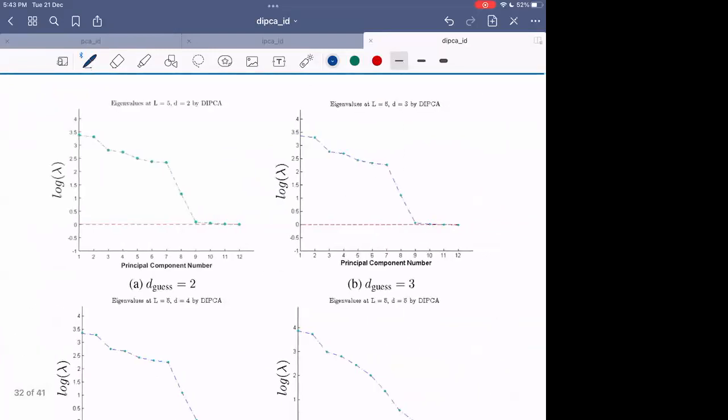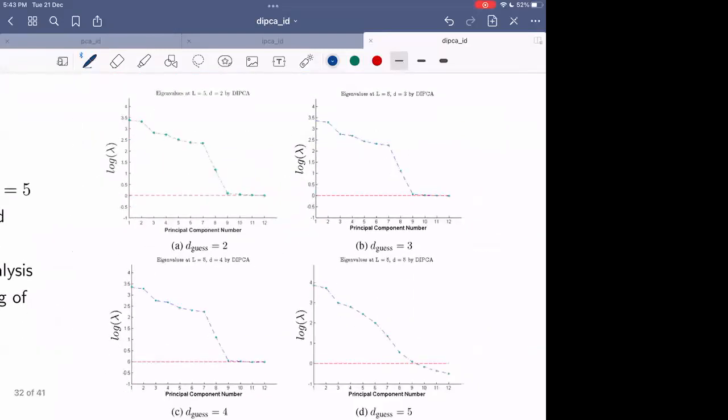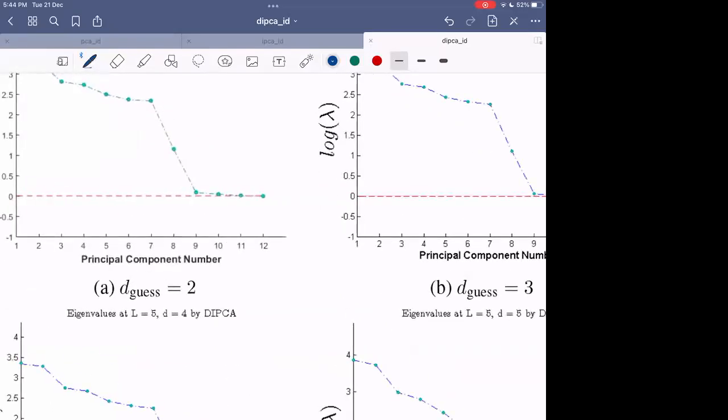Now, I did talk about the guess that you have to make in IPCA. I mentioned this morning what happens if you guess lower than the true value and guess larger than the true value. The true value is 4 here. We start with a D guess as 2, and we ask how many unity eigenvalues we get.